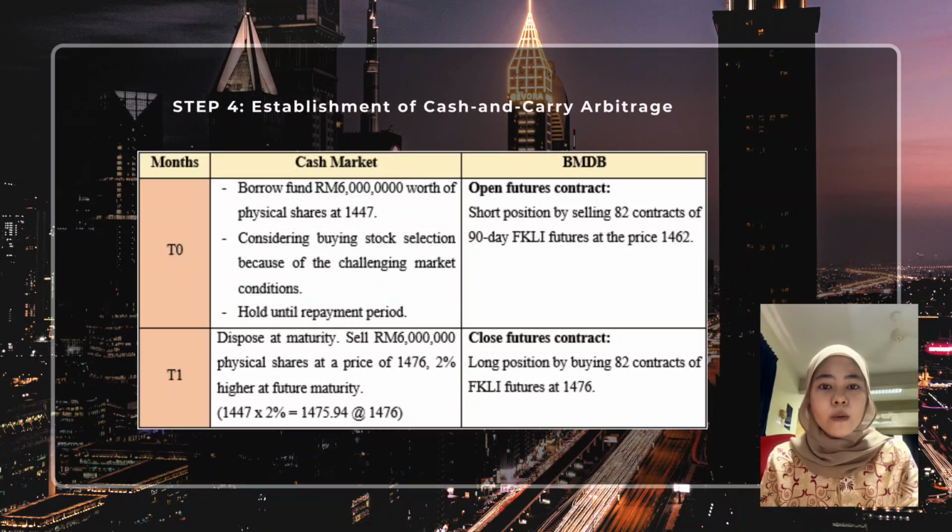If we sell now, then buy later. So go for short position by selling 82 contracts of 90-day FKLI futures at 1462. In T1 cash market, sell back 6 million physical shares at 1476, 2% higher, converge with T1 futures market for long position.